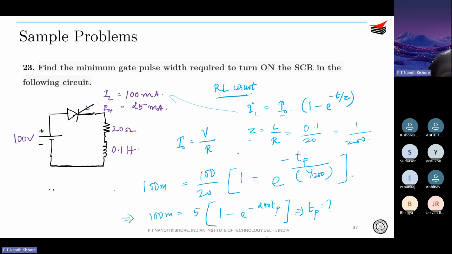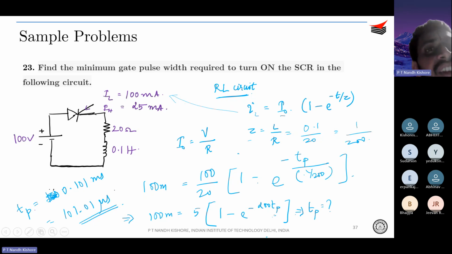Okay, so I think you will end up with TP equal to 0.101 millisecond, or 101.01 microsecond. Got this?